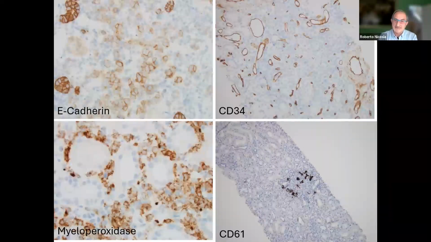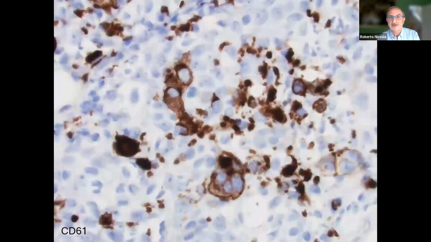CD61 is a marker of the megakaryocyte differentiation. And here you can see a high magnification view of the CD61 staining that highlights those large multi-lobed cells that I showed you earlier in the H&E staining of the biopsy, strongly positive for CD61.